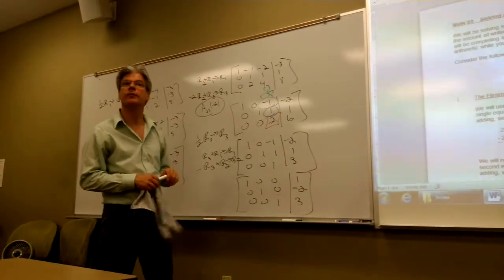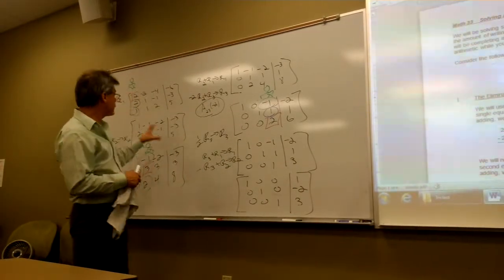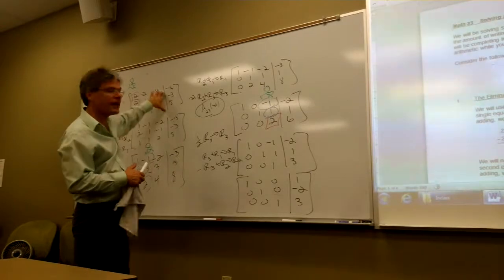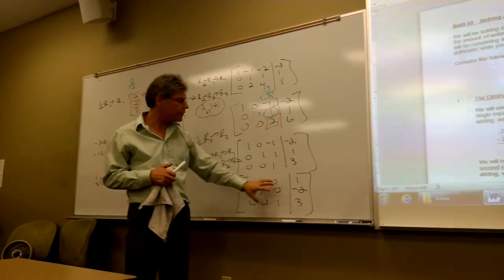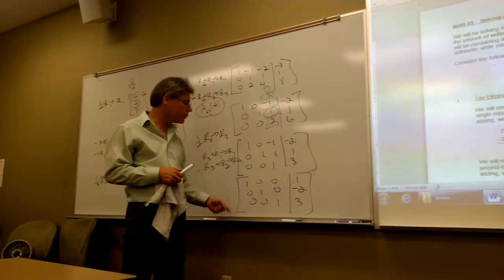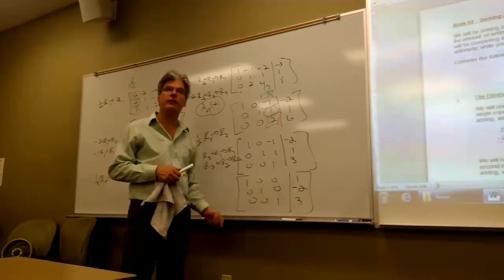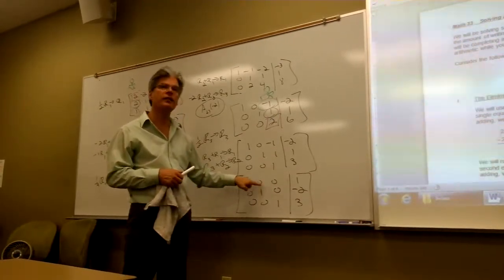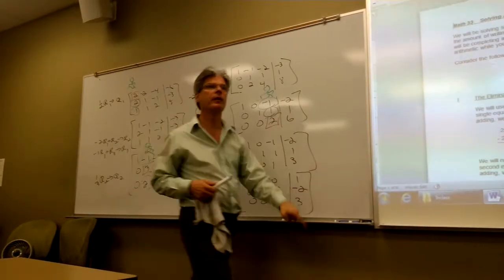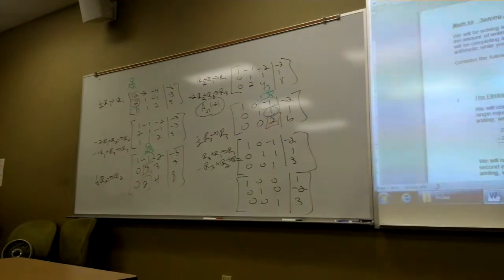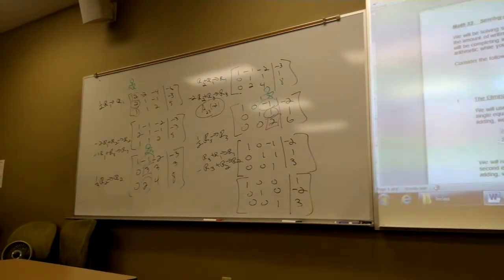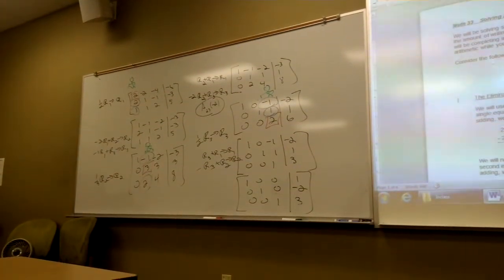Remember, my goal is to apply these elementary operations, take my nasty looking, complex original augmented matrix, and force it to look something like this, that's a reduced row echelon form, so I can just rattle off what my solutions are. This says 1 times x plus no y's plus no z's equals 1. That's why the first entry is a 1. So I think those elementary operations allow me to reduce the matrix the way I did.